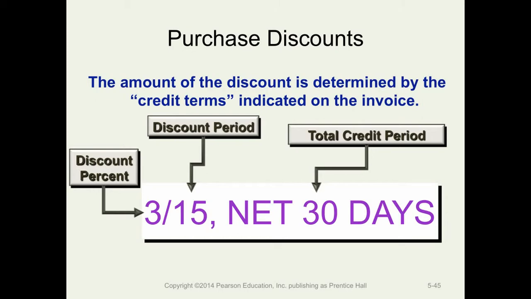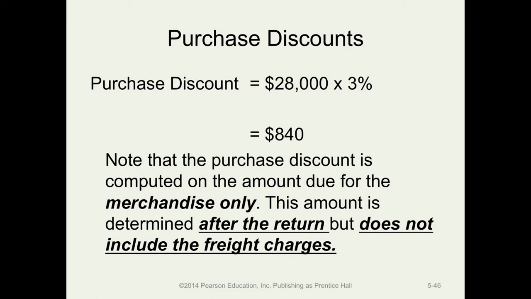So now let's assume that we are going to take this discount. And a couple of things to notice. When the invoice is paid, that is when we take the discount or record the discount.